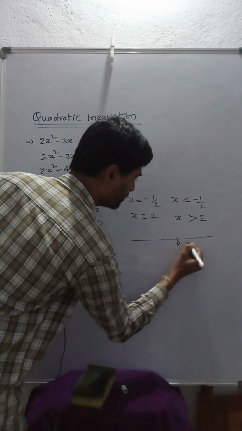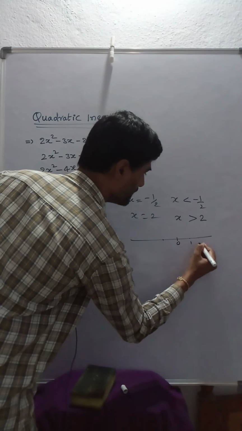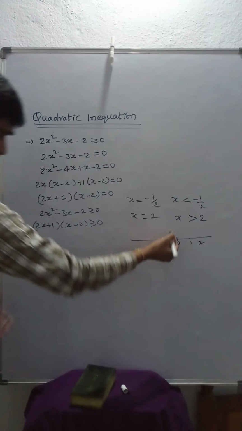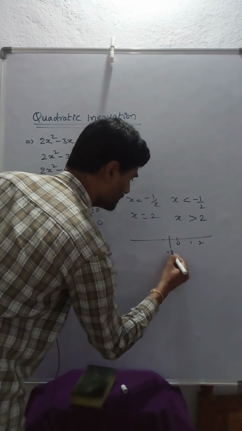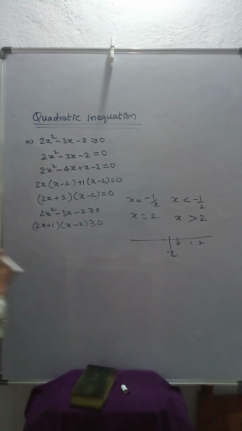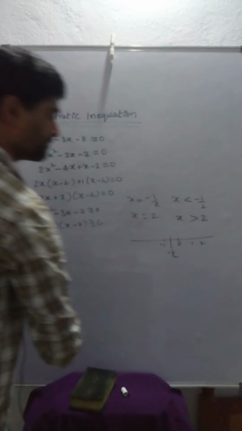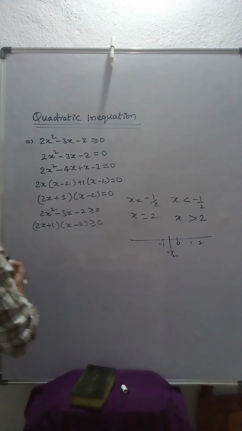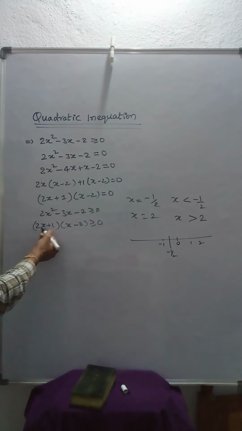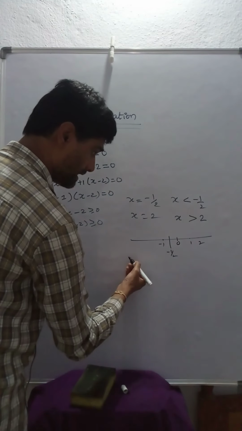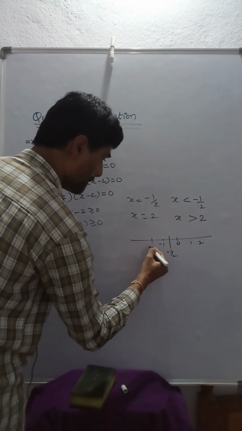Here it is 0. Here it is 1. Here it is 2. Then minus 1 by 2 will be here, that is minus 0.5. This is minus 1. Then if I take a negative value, x less than minus 1 by 2, it satisfies, like minus 1, minus 2.